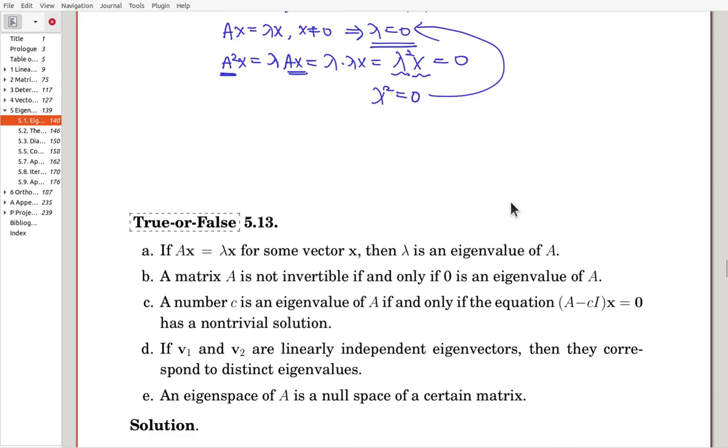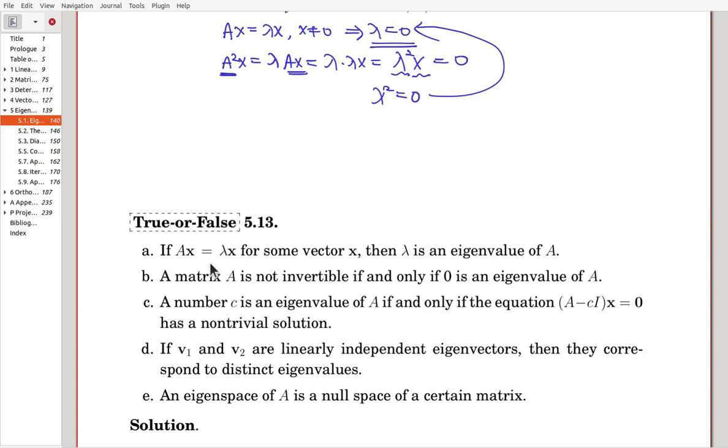Now we go to true or false problems. If Ax equals lambda x for some vector x, then lambda is an eigenvalue of A. Is it true? It is false. That equation must be satisfied for non-zero x. If we say for some vector x, then it's wrong.